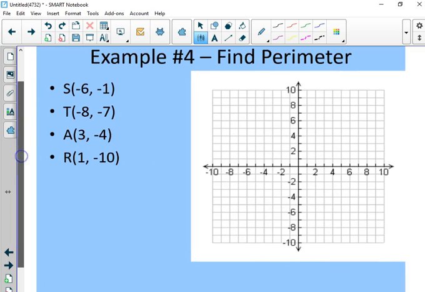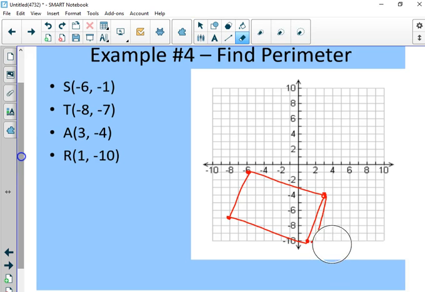Okay, one last one. Negative 6, negative 1. Negative 8, negative 7. Positive 3, negative 4. And 1, negative 10. Now for this bad boy, that horrible line.